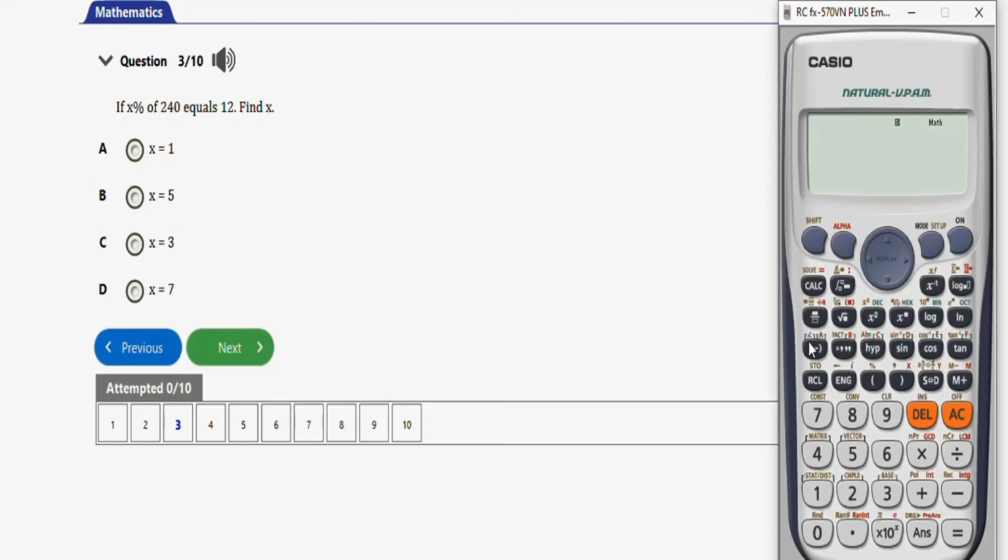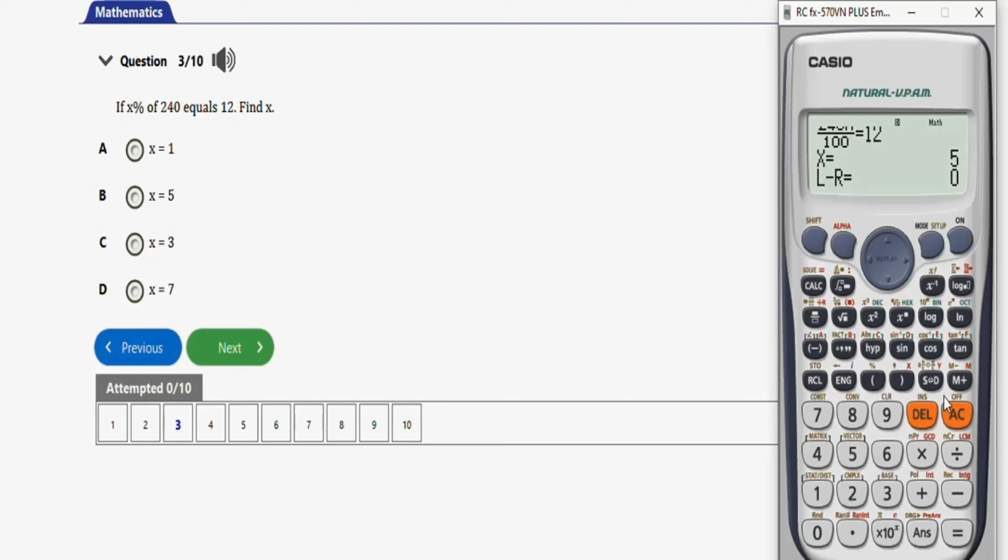So in fraction, x times 240 is 240x, alpha and this over 100, equals, press alpha and this calc button equals what? 12. To solve, press shift calc, assign x to be 0, press equal to. So x equals what? 5, option B. That's it for this question.